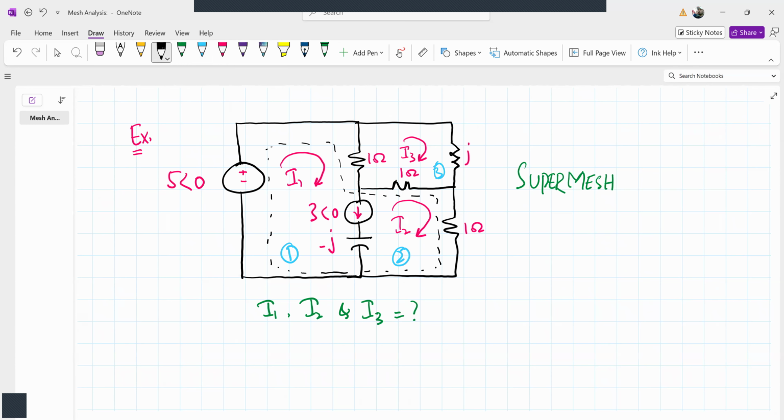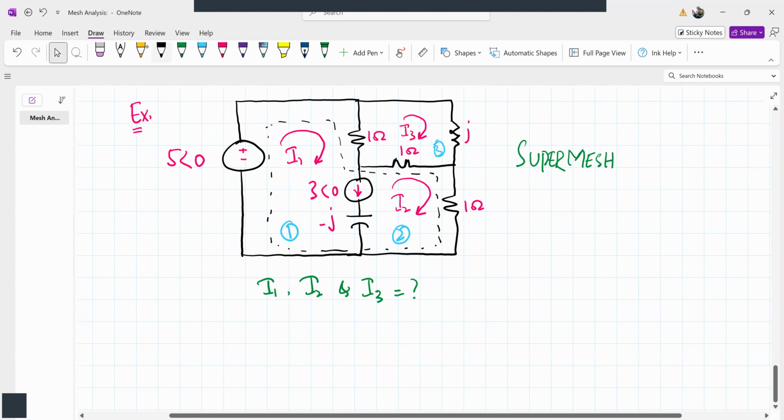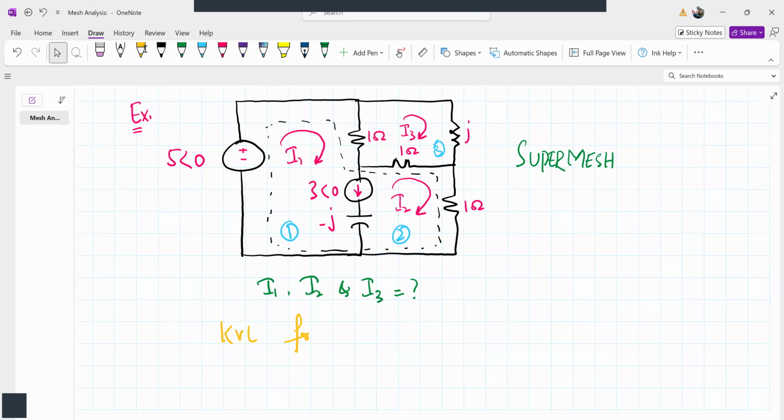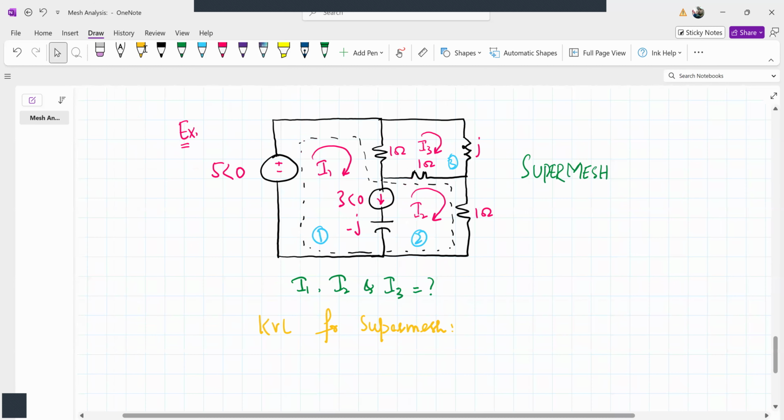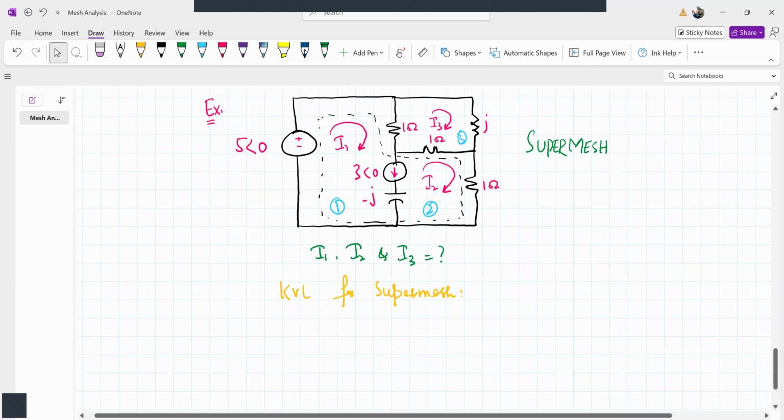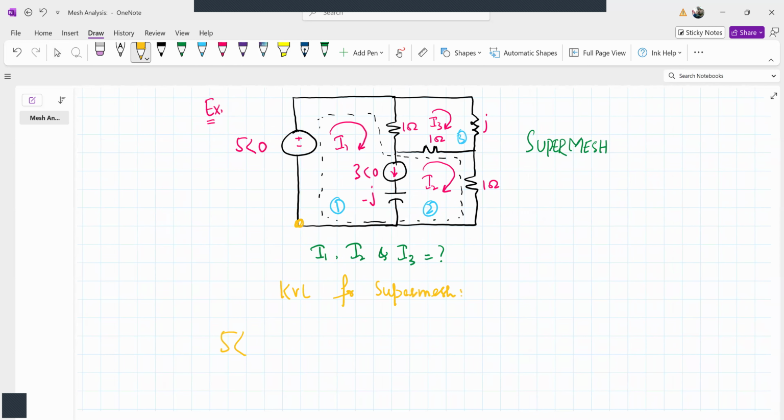Okay, let me write the KVL for the super mesh first. If we start from this point, we have a voltage source 5 at an angle of 0. Then we have a 1 ohm resistor here, so the drop is 1 times (I1 minus I3). Why?